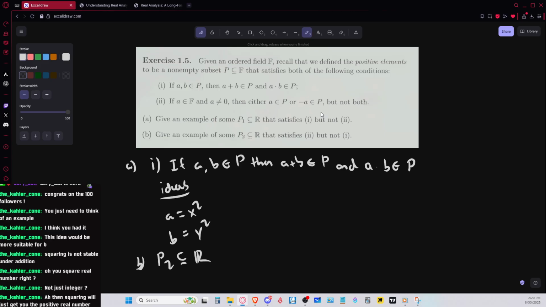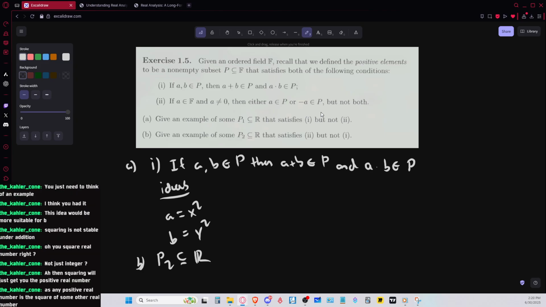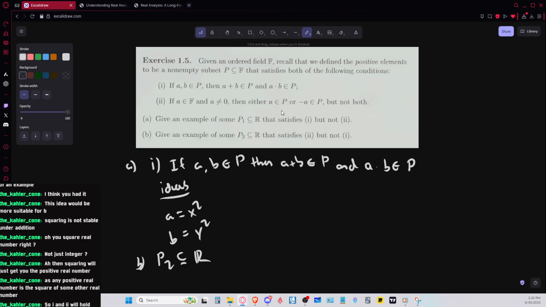Then squaring will just get you the positive real numbers, as any positive real number is the square of some other real number. Yeah, that's why I think that, but then again, I think my thinking was a bit flawed there, because it only gives you the positive version of it.